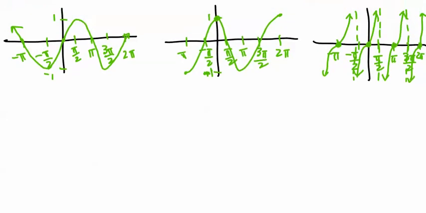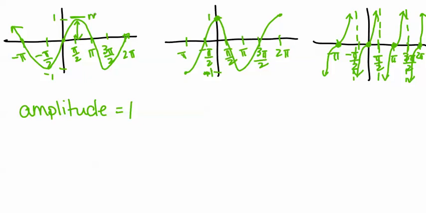Okay, so first let's just talk about their key features. All of these graphs have the same key features. They all have an amplitude equal to 1. The amplitude is how tall it is from the middle of the graph to the maximum.